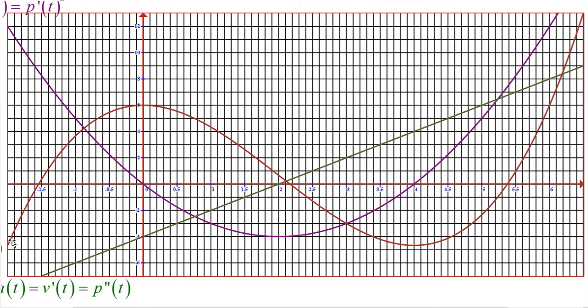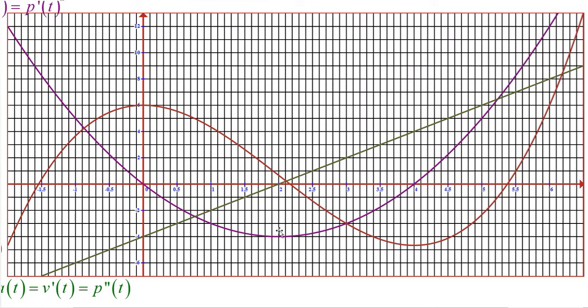Furthermore, the original function is concave down here, and this is going to happen while the derivative is decreasing and the second derivative is negative. Where that second derivative hits 0, which turns out to be right at 2, the first derivative will be at a minimum here. We'll have a horizontal tangent line for sure.